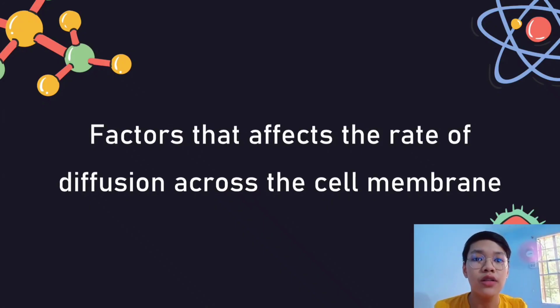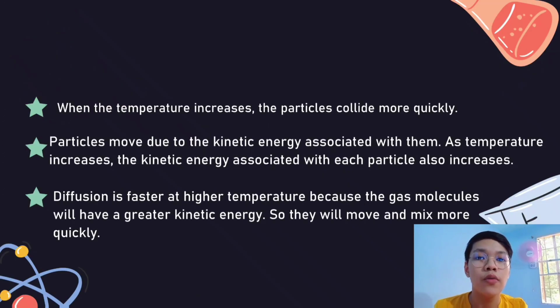Let us go on to the factors that affect the rate of diffusion. The first factor that affects the rate of diffusion across a cell membrane is temperature. When the temperature increases, the particles collide more quickly. Particles move due to the kinetic energy associated with them. As temperature increases, the kinetic energy associated with each particle also increases.